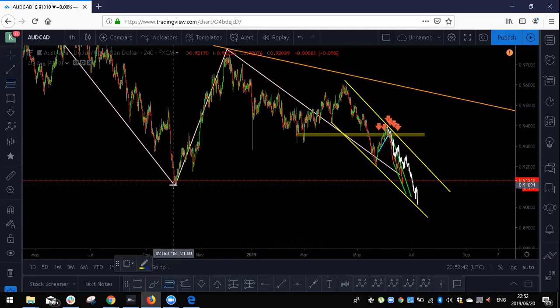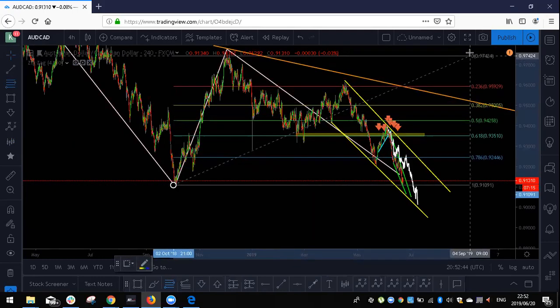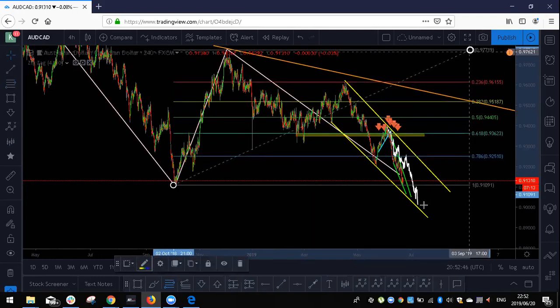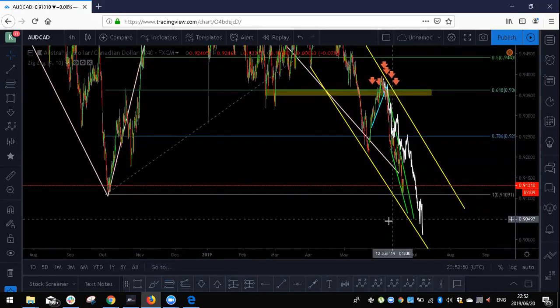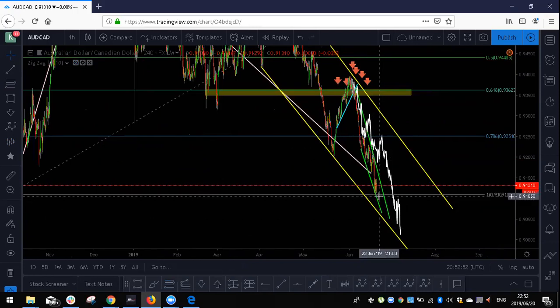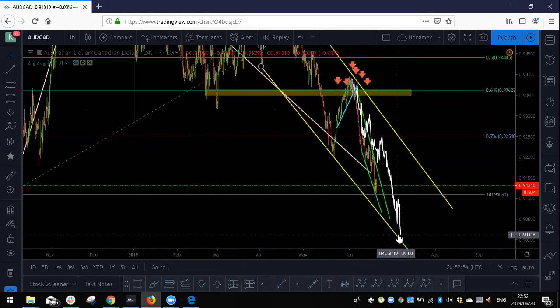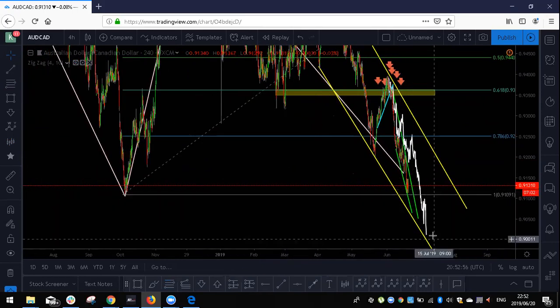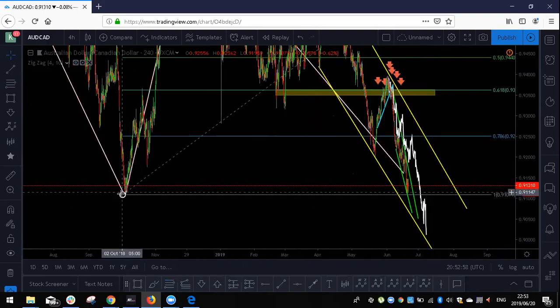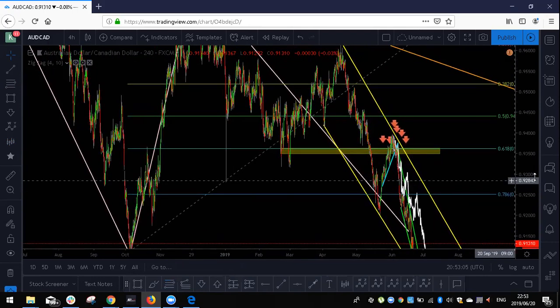Let me draw the zones like this. Also, you try to look for as much confluence as possible. Maybe I would take my profits at this current level. I wouldn't try to hold below this level, because this is a strong level, the previous low. So this would be a good take profit level.